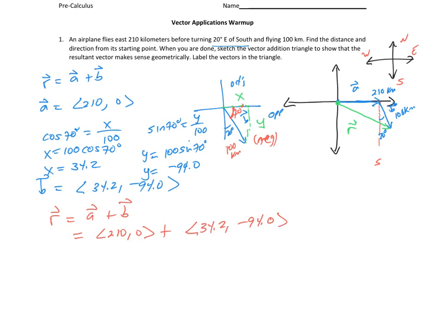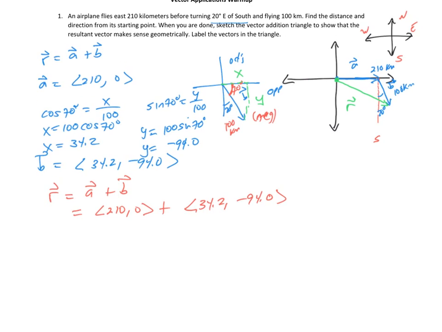If we add corresponding components, so we'll add the horizontal and vertical components, we'll get that R is equal to the sum of these two components, which is 244.2 comma negative 94.0. So we've actually found our resultant vector in component form. But that's not what's requested for this problem.